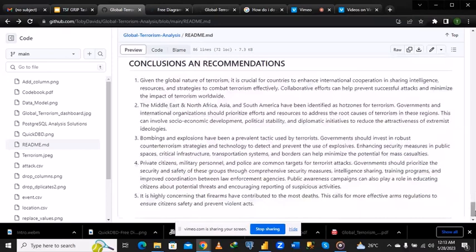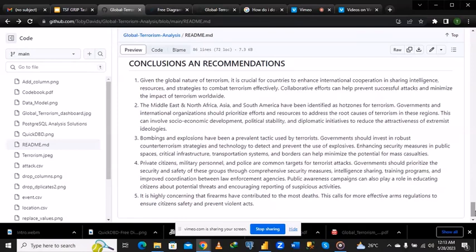Number 2, the Middle East and North Africa, Asia and South America have been identified as hot zones for terrorism. Governments and international organizations should prioritize efforts and resources to address the root causes of terrorism in these regions. This can involve socio-economic development, political stability, and diplomatic initiatives to reduce the attractiveness of extremist ideologies.